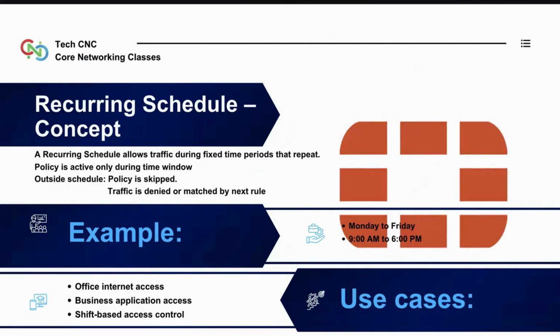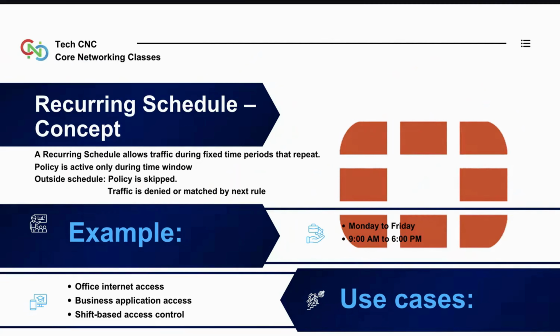Now, the very first option is the recurring schedule. Let's see what concept and behavior we have here. We can schedule for a specific time, for a specific period, and it will automatically repeat. Let's say I want Monday and Tuesday only, for 2 hours only, from 12 to 2.